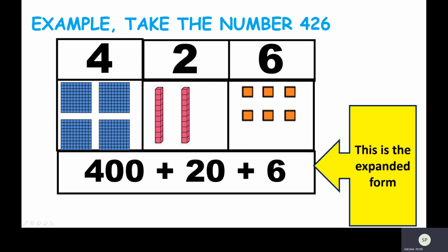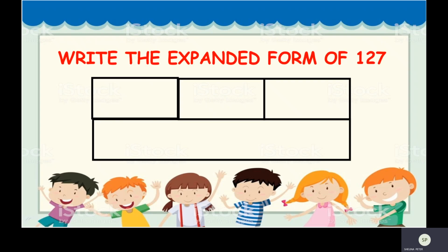And this is the expanded form. So we have enlarged this number by putting zeros according to their place value. Is it clear to you? I hope the topic standard form and expanded form was clear to you.